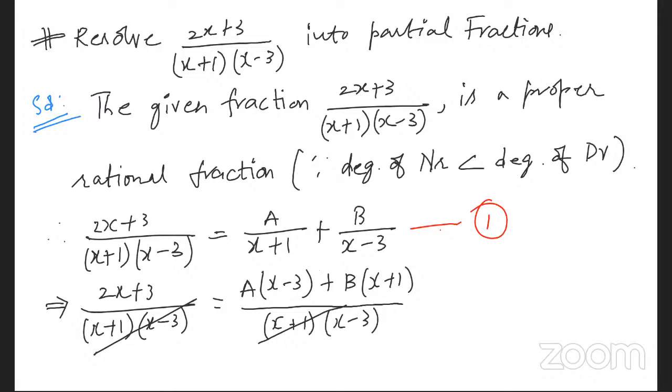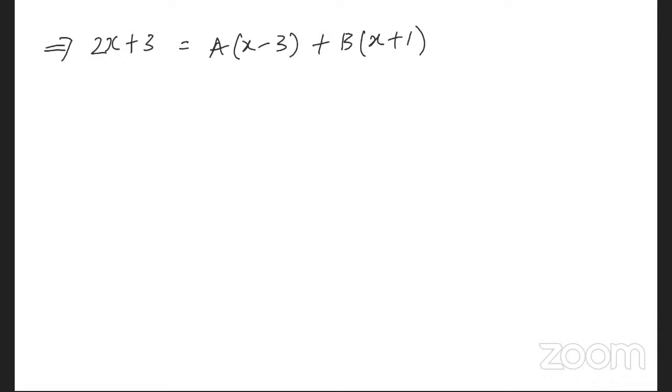So here, if you look at that, what is left? 2x + 3 is equal to A(x - 3) + B(x + 1). So consider this as equation 2.